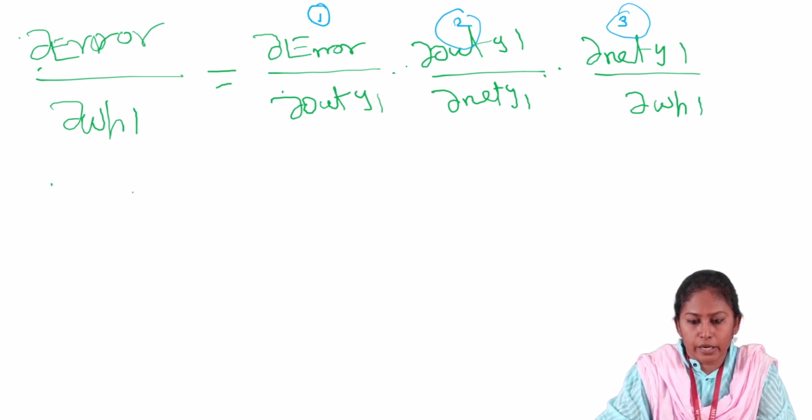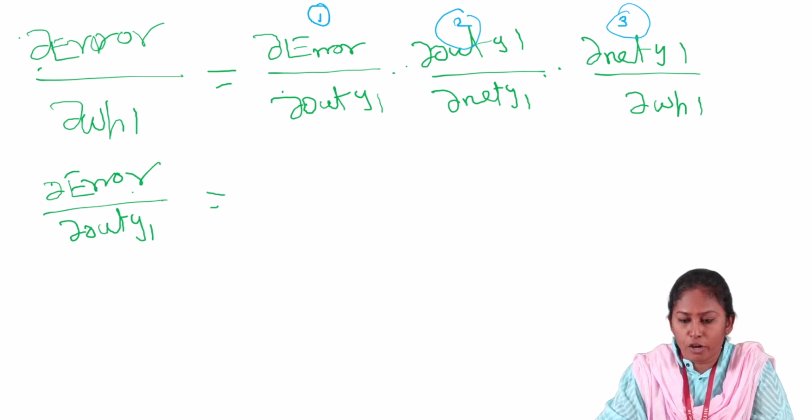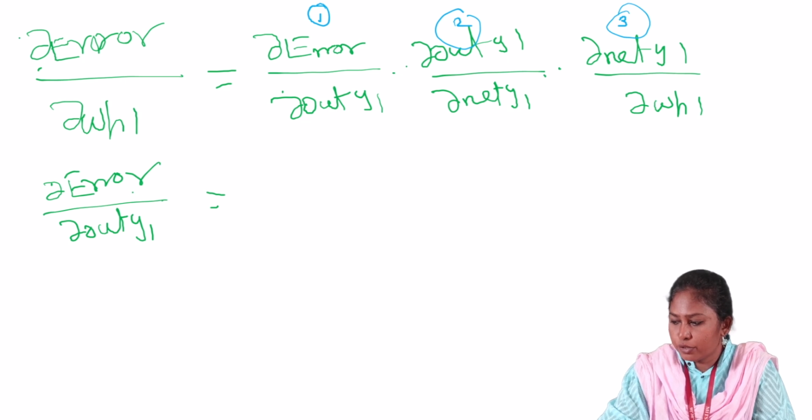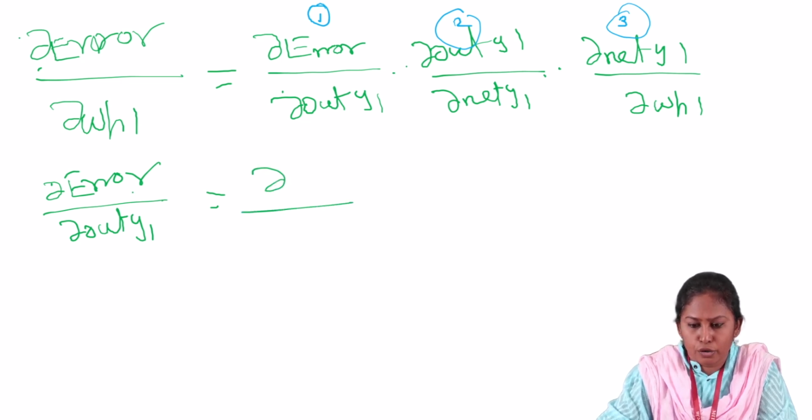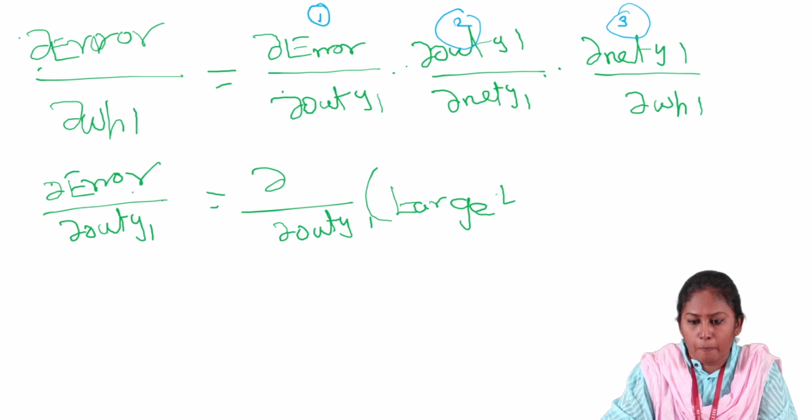First, I will be calculating do error with respect to do out y1. We know the formula for error, right? The formula for error that we calculated there is target minus out y1. Out y1 means the predicted. So I'm going to write that formula as it is, do by do out y1 of target minus out y1.